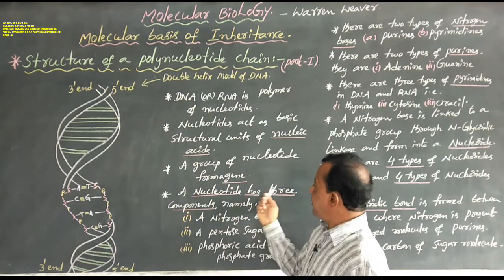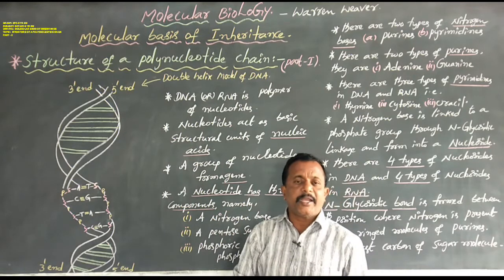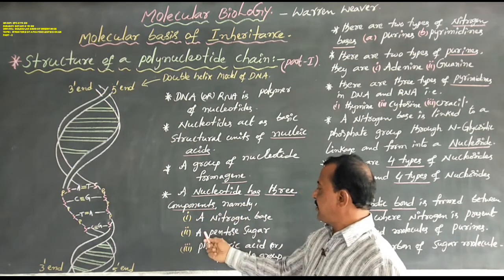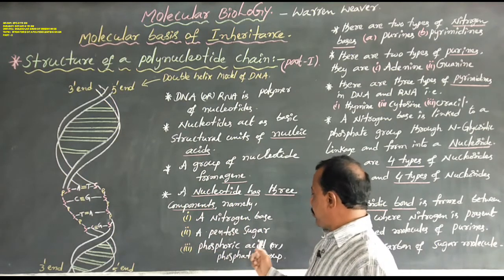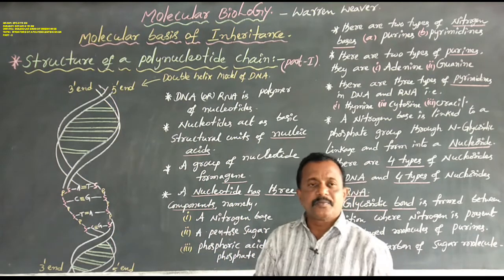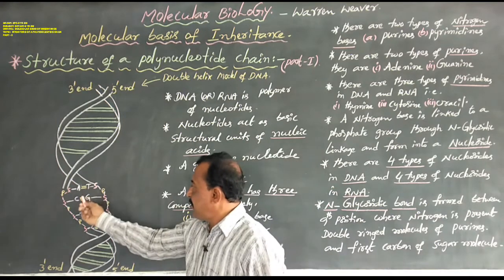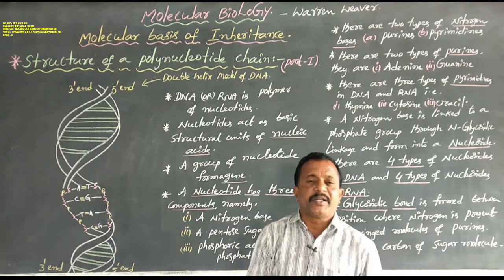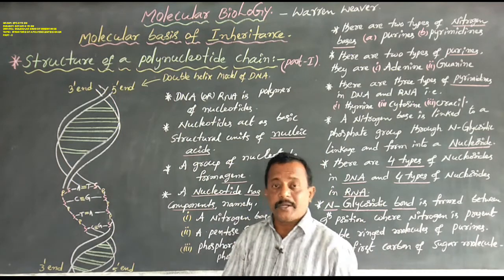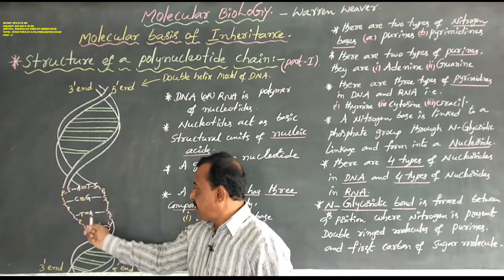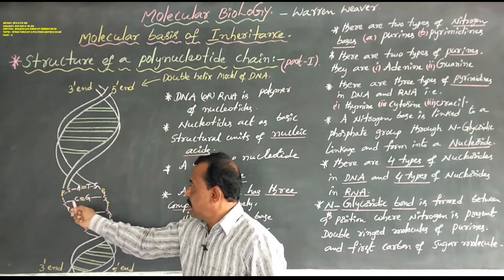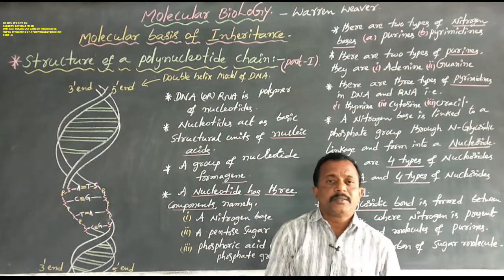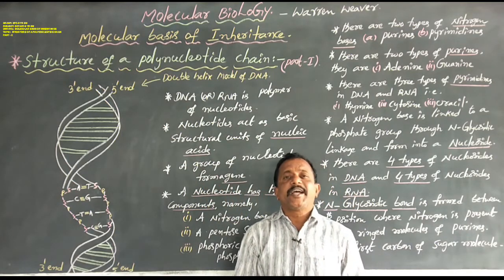A nucleotide has three components, namely a nitrogen base, a pentose sugar and phosphoric acid or phosphate group. By this I mean a nitrogen base along with sugar and phosphoric acid is a nucleotide.